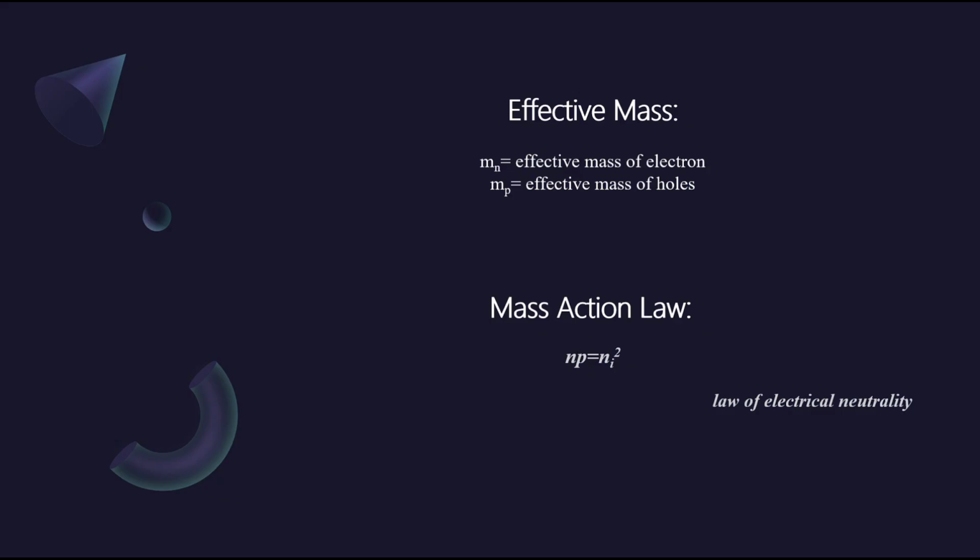Now suppose we consider a value of ni given as 1 into 10 to the power 10 per centimeter cube, and we dope the semiconductor with electrons of 1 into 10 to the power 16 per centimeter cube. Then the number of holes will be equal to ni square divided by n, as we know n into p equals ni square.